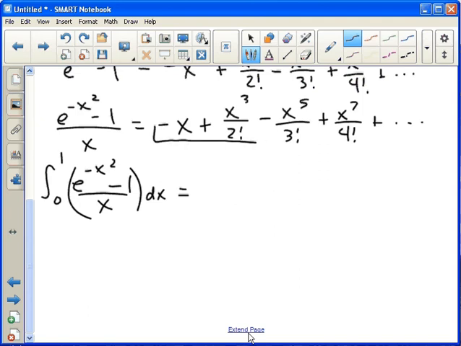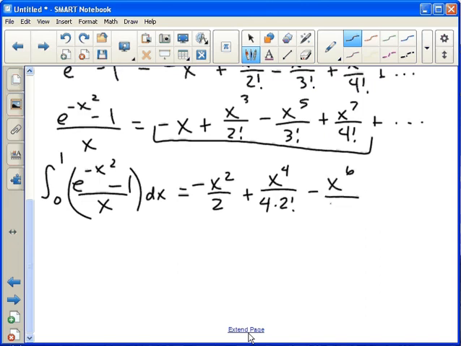So I take the antiderivative of these 4 pieces. That's going to give me -x squared over 2 plus x to the 4th over 4 times 2 factorial minus x to the 6th over 6 times 3 factorial plus x to the 8th over 8 times 4 factorial. And now I need to plug in 1 to all of those. So I've got to plug in my boundaries.